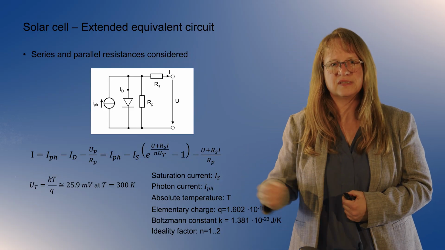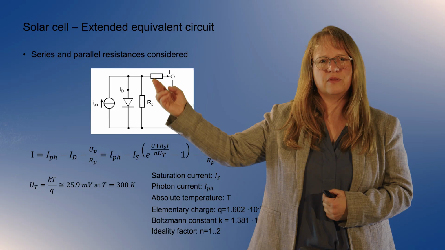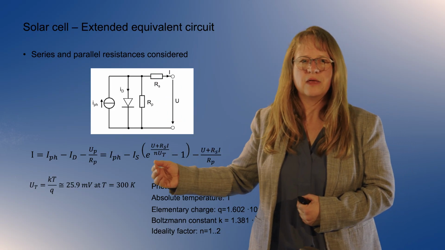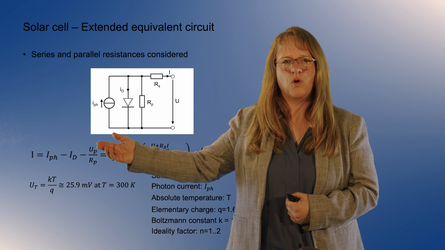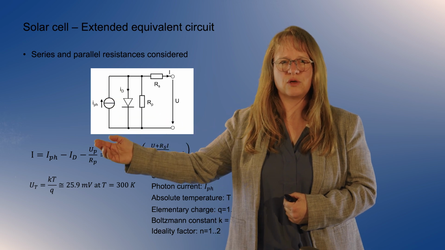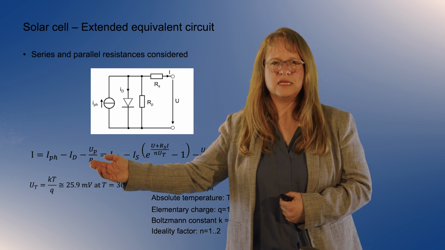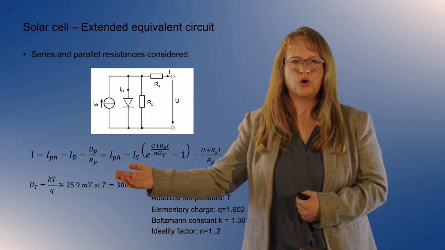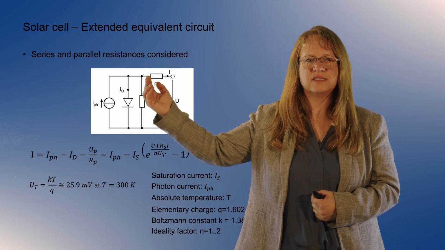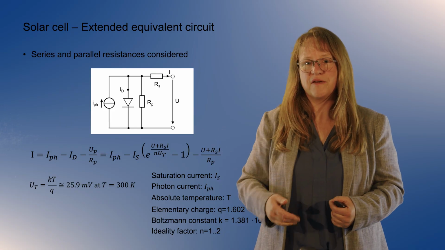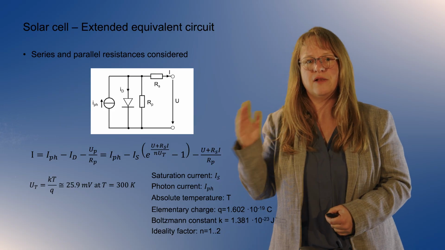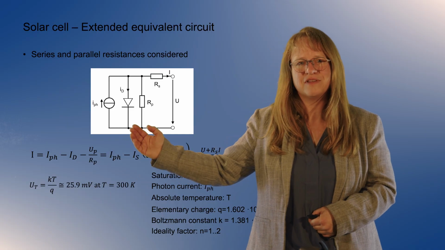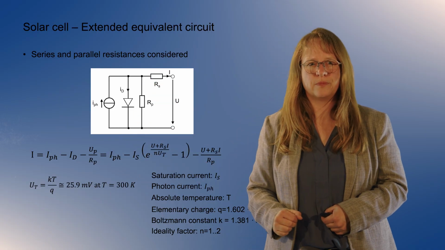The current going through here is given by the voltage over the diode, which I called UD, divided by the resistance of this parallel resistor. So the larger this resistance is, the less current is shunting through the device. A very large resistor is actually a good device, because then we have little current going through here.